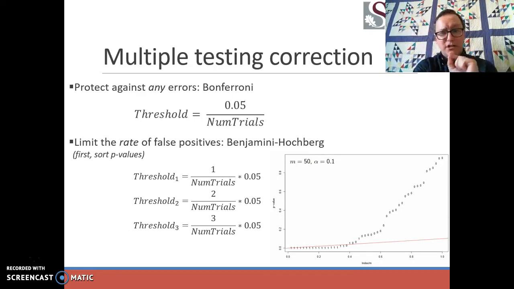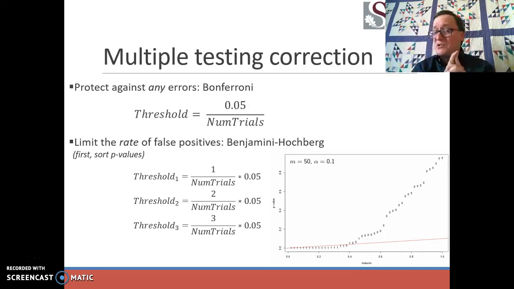Bonferroni is trying to protect you from making any errors at all, from having any false positives, sorry, not any errors, but any false positives per se. So we want to protect ourselves from claiming any gene is differential between these two cohorts.